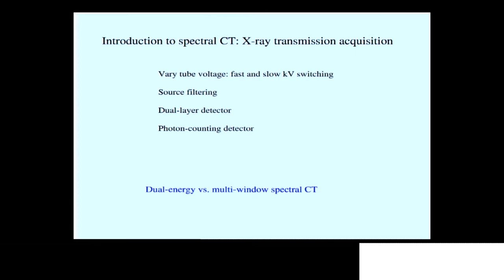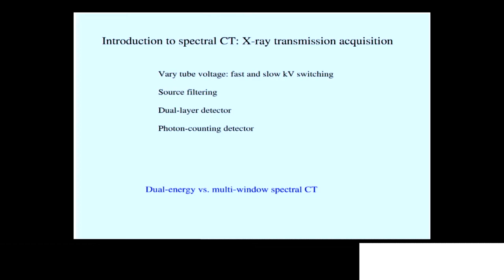And then lately, which has also been my interest, is using photon counting detection, where the detector detects the transmitted X-rays one photon at a time, and there's some energy information that's also being recorded with those detected photons.